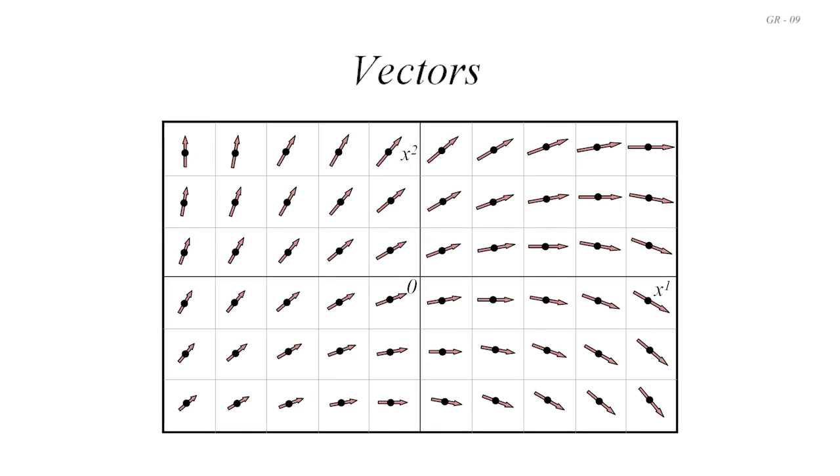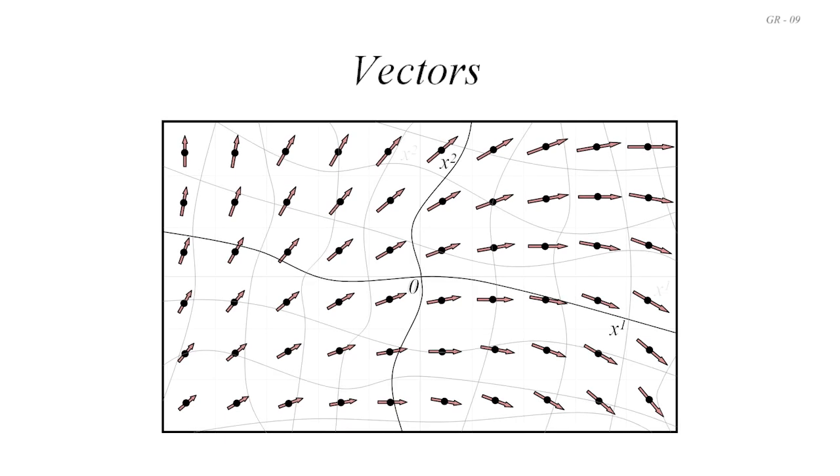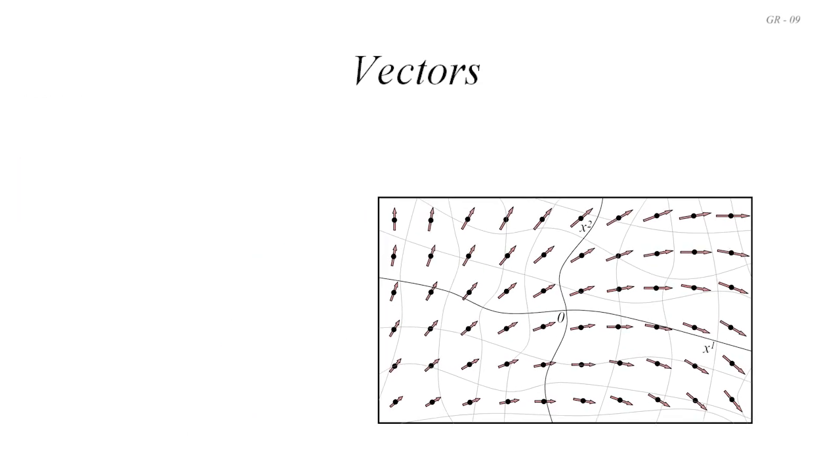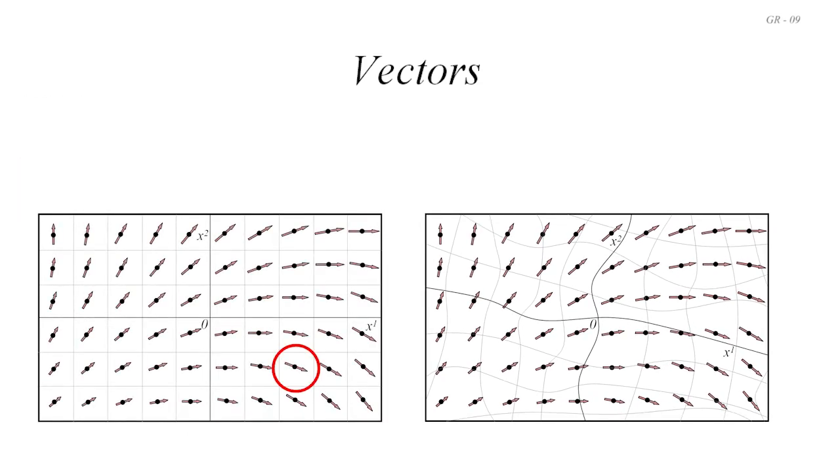Or, of course, we could use some sort of curvilinear coordinate system, and again we have at least three things that we can measure for each point in space: the position, the size of the vector there, and its direction in space at that point. It should be obvious to you that the value of the field and its direction at any point does not actually change with a change of reference frame.